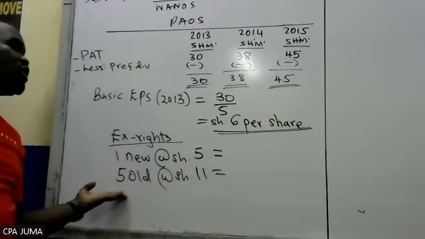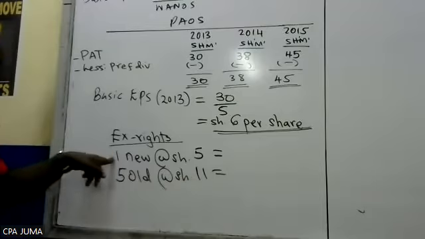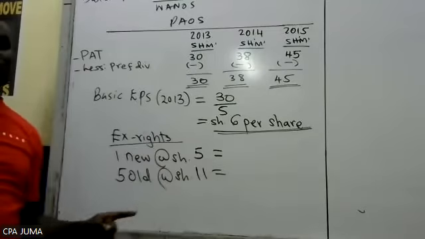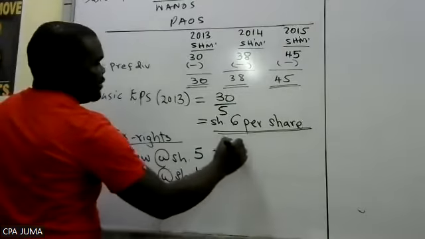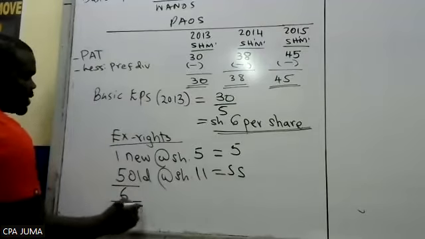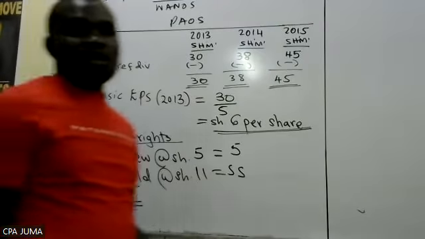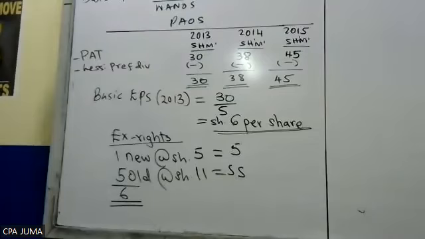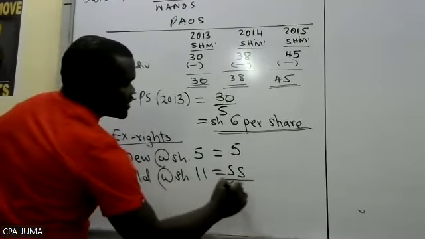It means the old were trading at 11, but the 1 new will be exercised at 5. So 5 times 11 is 55, plus 5. Therefore, this person will end up having 6 shares valued at 60.